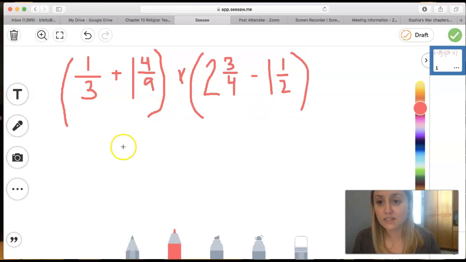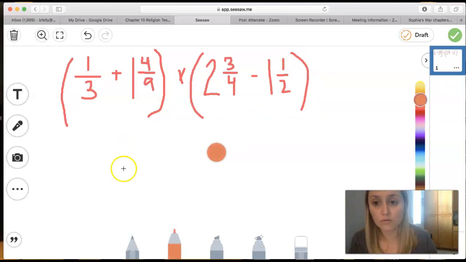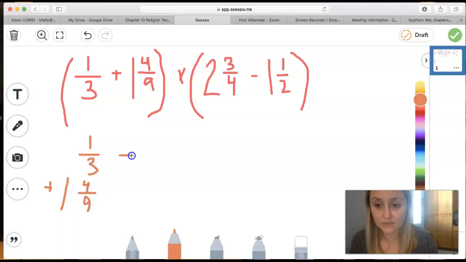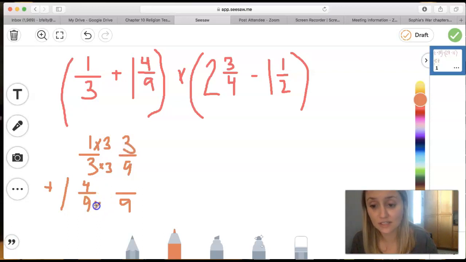So I'm going to do these one on top of the other. So we have 1/3 plus 1 4/9. Common denominator would be 9, so don't forget that you have to still do these. Whatever you do on the bottom, you do on the top. Take your time on these so you get the extra practice in.